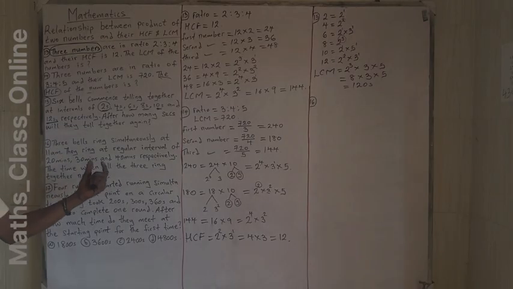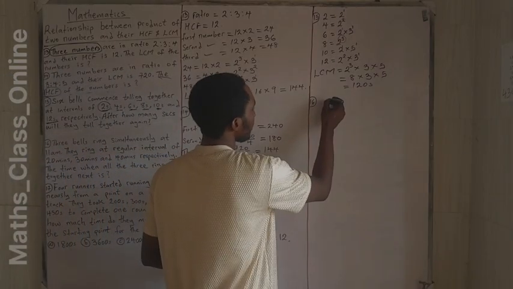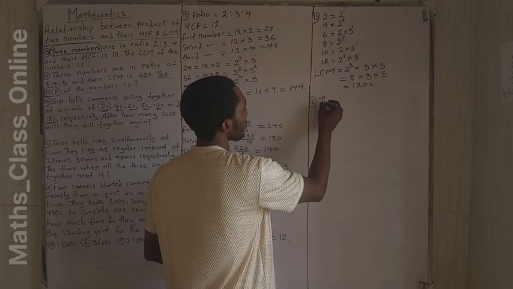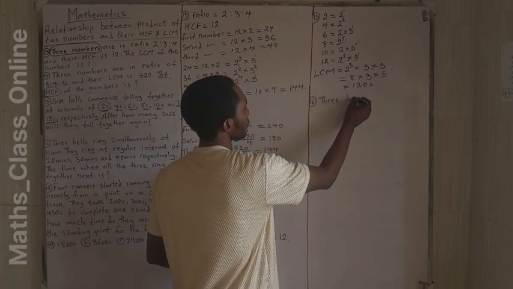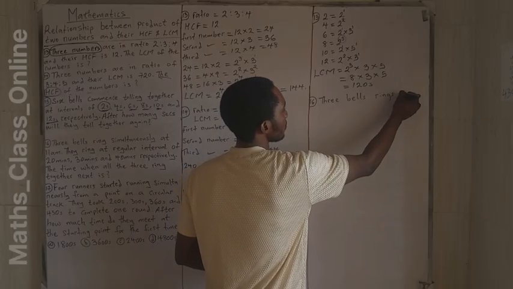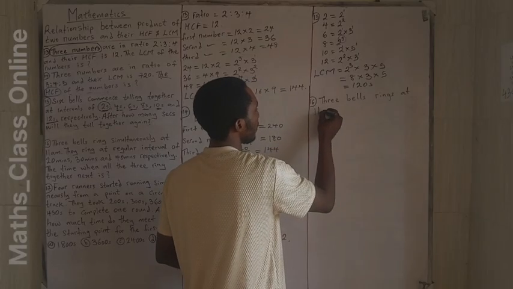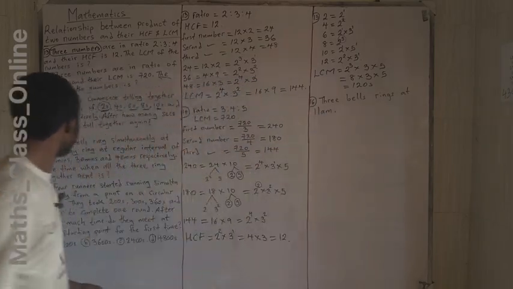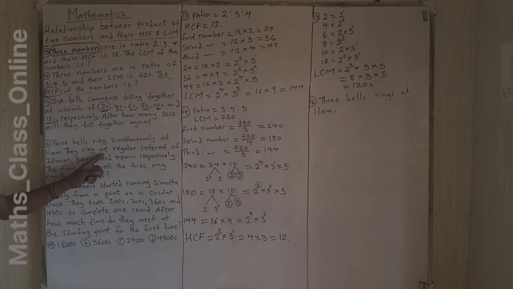Question number 16. Three bells ring simultaneously at 11 a.m. They ring at regular intervals of 20, 30, and 40 minutes.